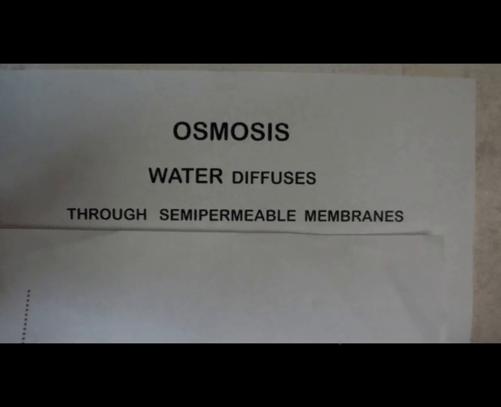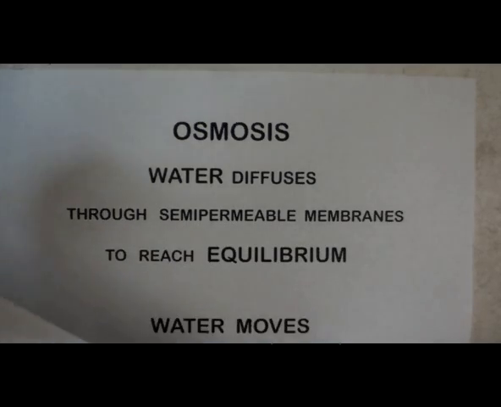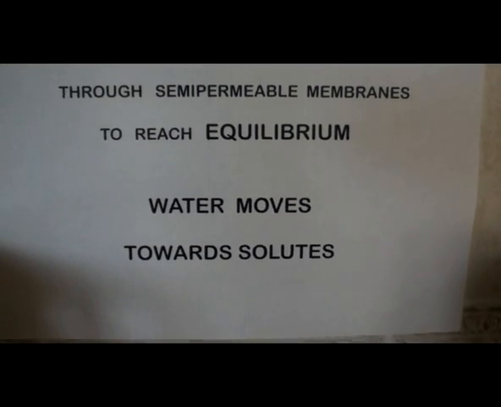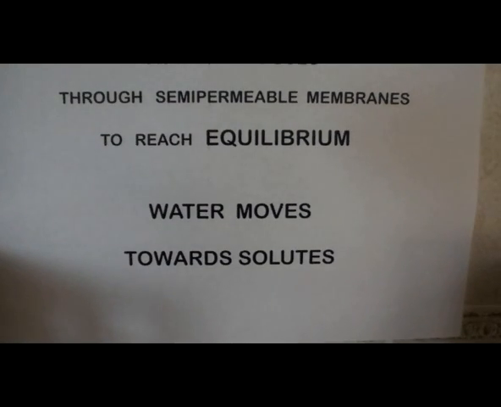So there's less water on the side that has lots of solutes. So water will go through the membrane to reach an equilibrium, and water will also move toward the liquid that has more solutes in it. The liquid that has more solutes in it has less water in it. Those solutes take up space.